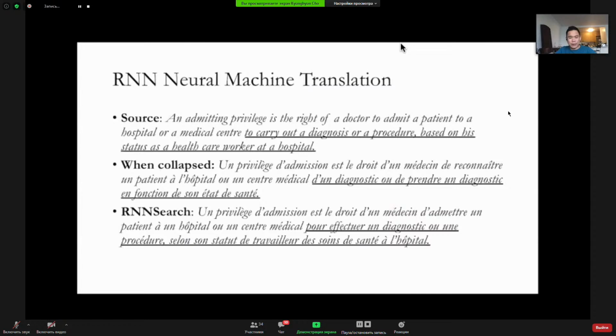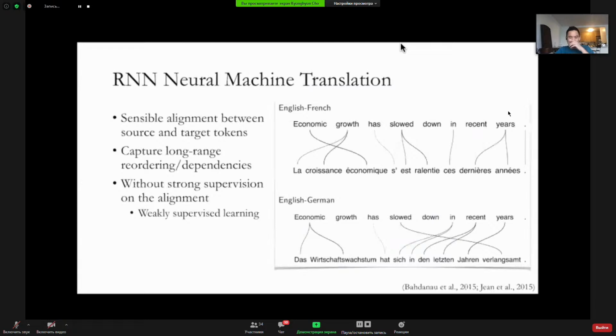If you speak French, you'll be able to tell that the RNN search, which is this attention-based model, is doing so much better than the original one where we did not use attention, but just a fixed-dimensional vector to represent the source sentence. I don't speak French, so I can't really tell you how good it is in any detail. And with the attention, we can actually do some kind of visualization, although there are some issues with the visualization that I want to talk about in the third part of my lecture.